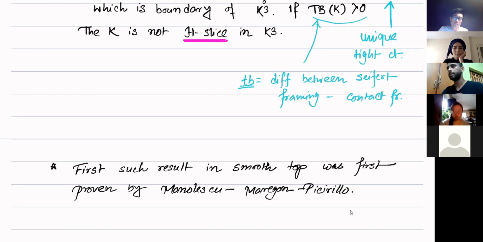And we essentially generalize their result. So let me now say what is the meaning of H slice.